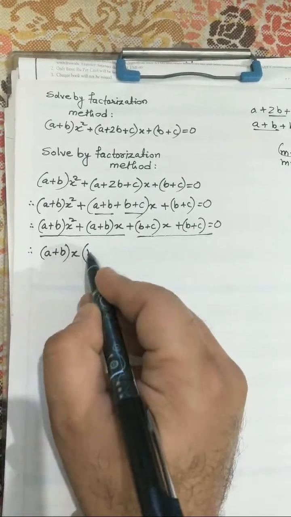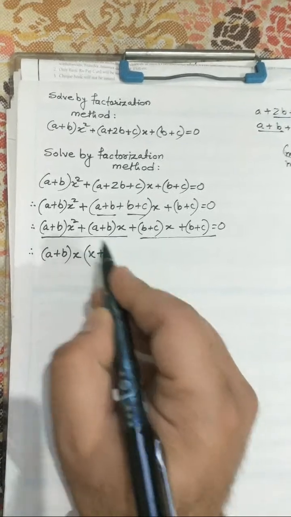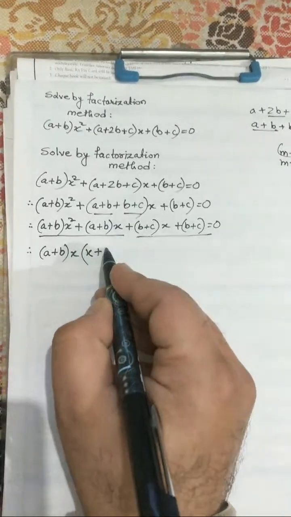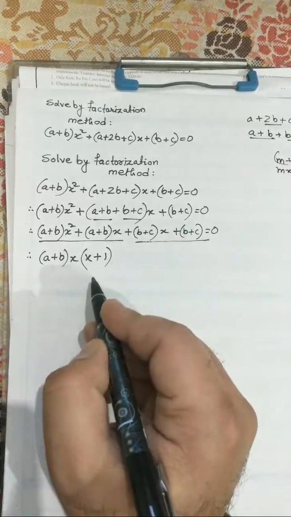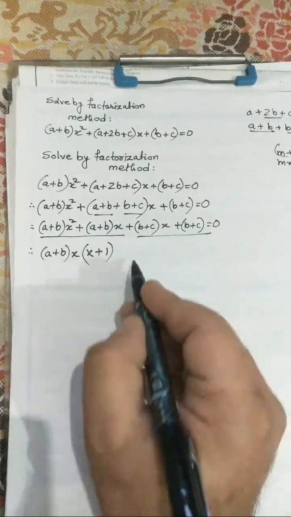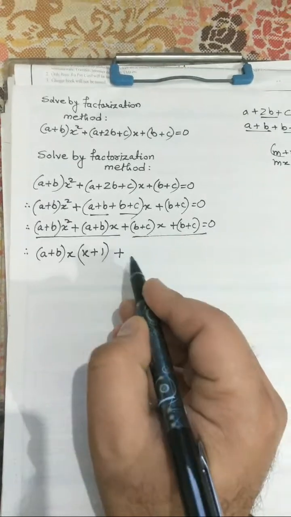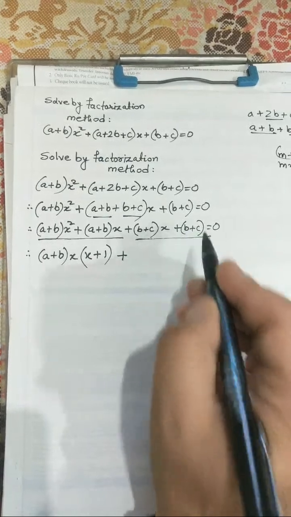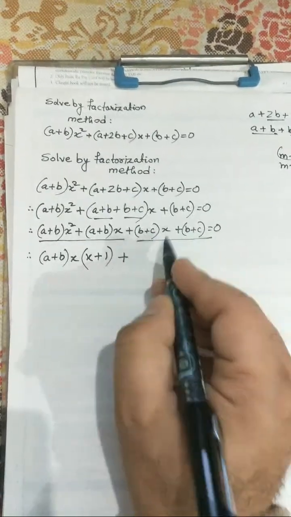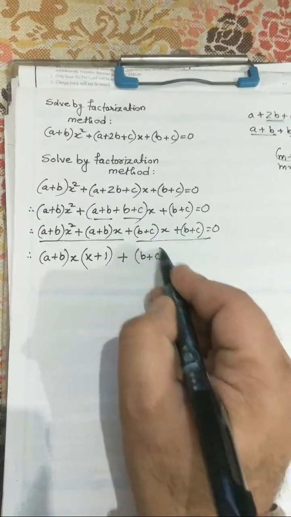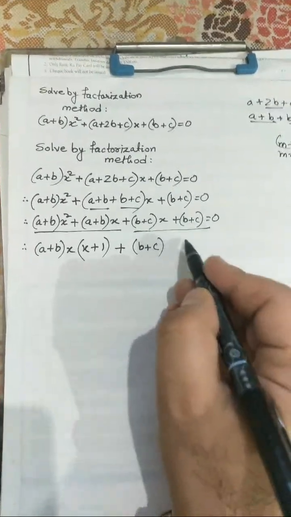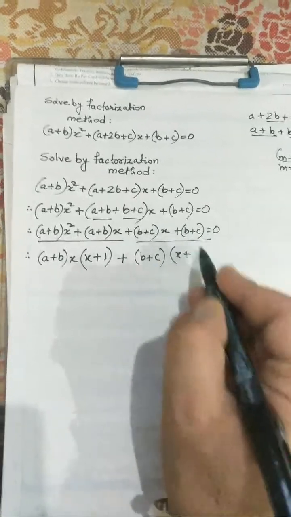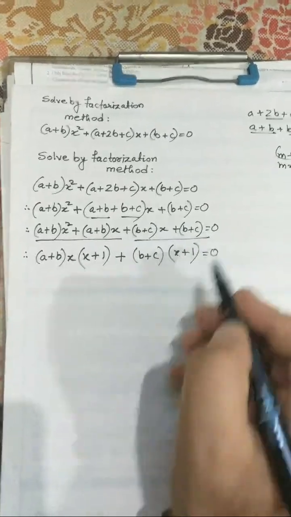Left is x plus, and since this whole term has been taken out as common, nothing is left, so we can write 1. Plus, now you see this is b plus c into x and this is b plus c. So these two terms have b plus c as common, so that will be taken out. What is left? X is left here, plus nothing left means 1 is left here.